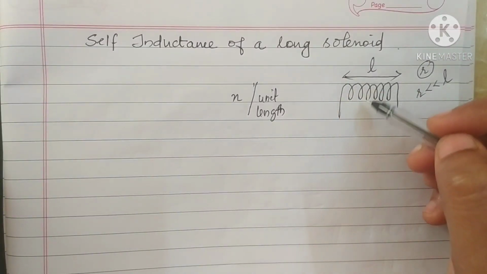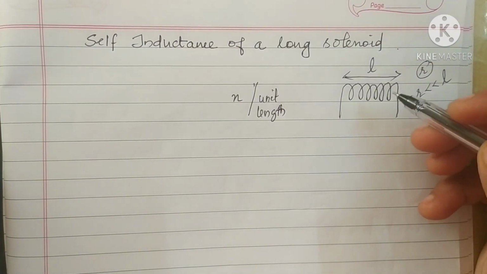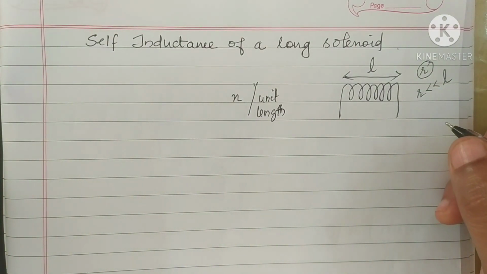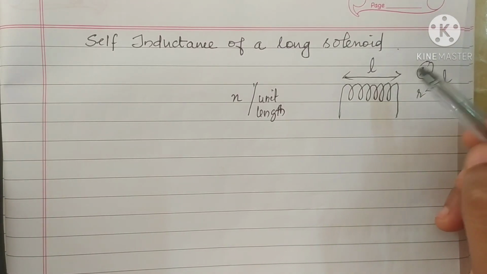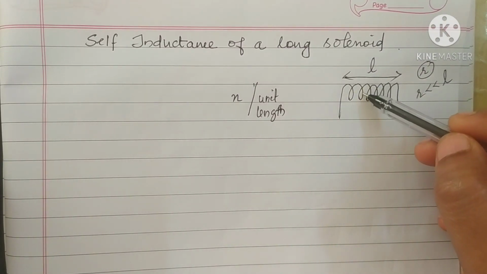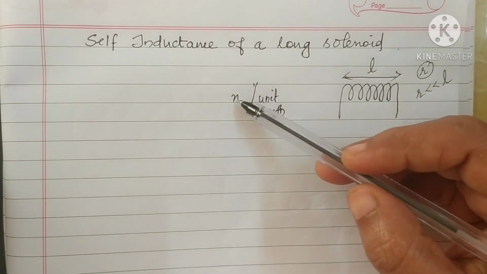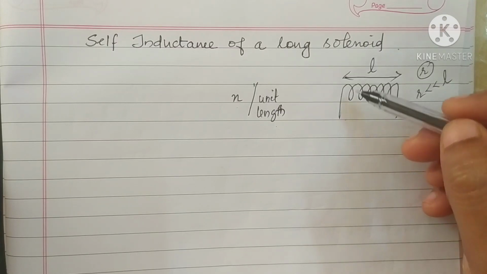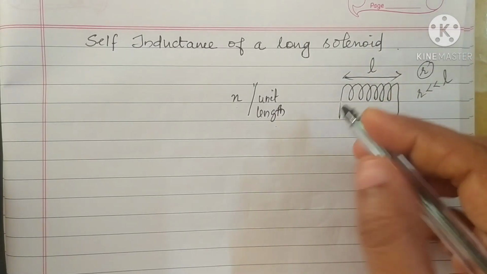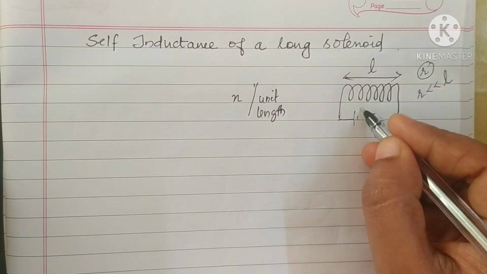So we are considering a solenoid as a coil. Surely it will exhibit the phenomenon of self-inductance, and here the coil has n turns per unit length. Suppose a current I is flowing through the coil, say it is connected to a battery.